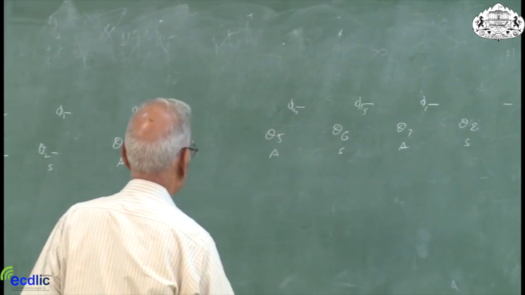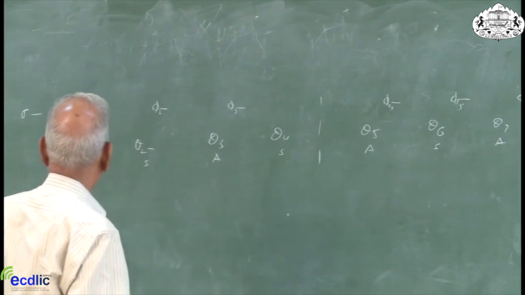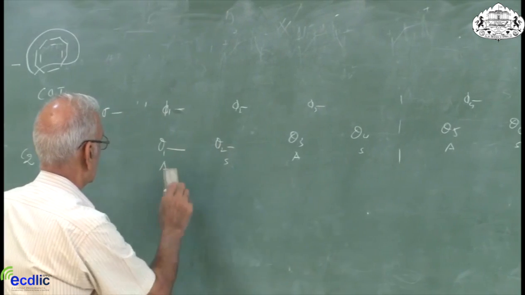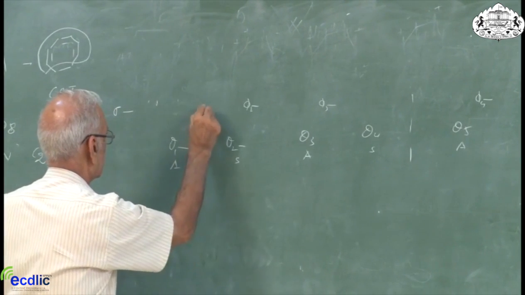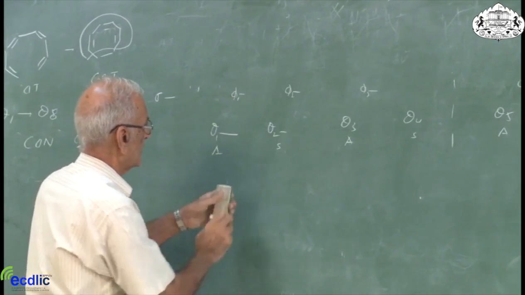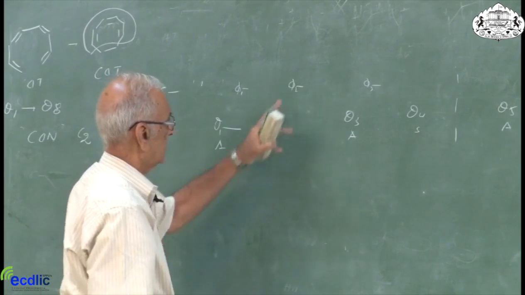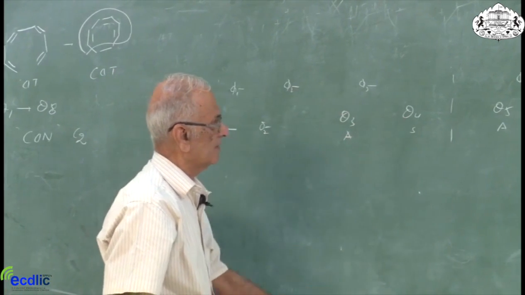Sorry, where is it? Phi 1. Theta 1 is less than this, theta 2 is between these two, theta 3 is between these two, theta 4 is here.